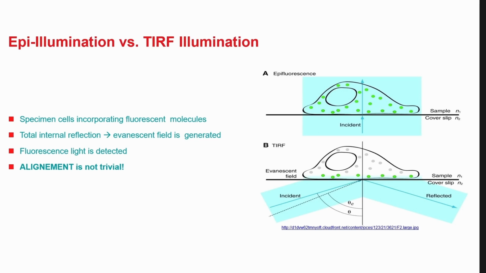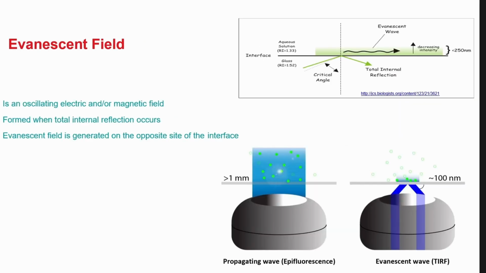So it will illuminate, for example, in this case, the very bottom of the cell. You will see the membrane, for example. If you label membrane lipids, for example, you can see that. And basically, this layer is in the order of magnitude of 100 nanometers. And you don't have to do anything to generate it. You just have to set up the illumination so it's above the critical angle.